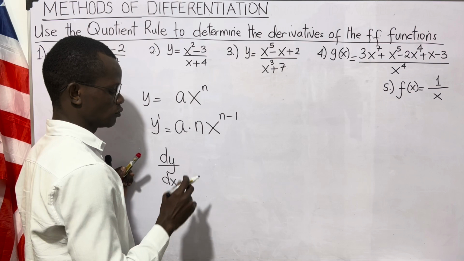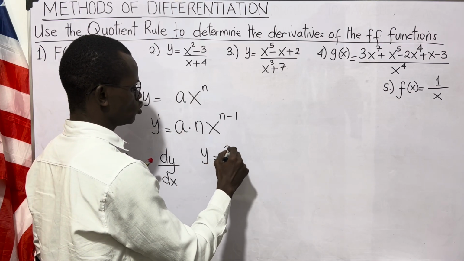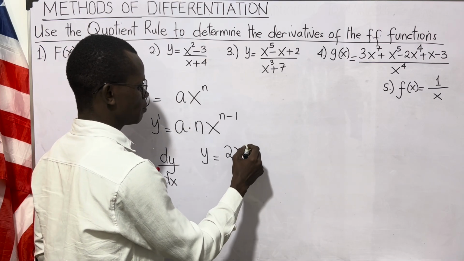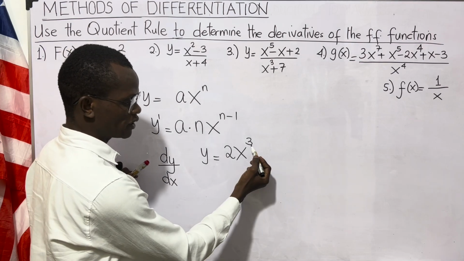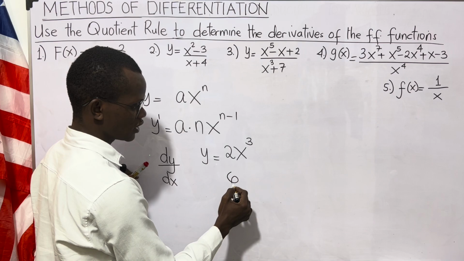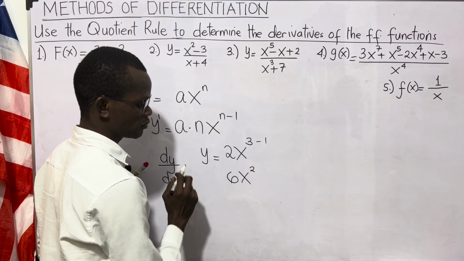That's all. So assume that we have y equals 2x raised to the power 3, for example. We multiply this 3 by this 2, it gives us 6, and we subtract 1 from the power, so it's x raised to the second power.